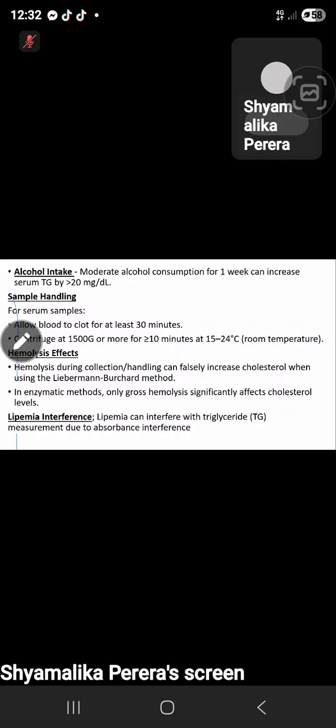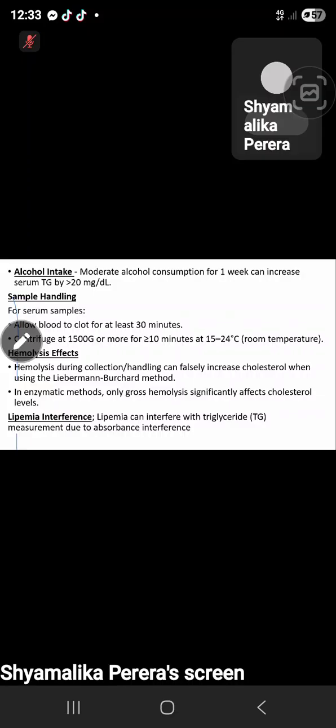Hemolysis during collection will affect the chemical assay directly. In the enzymatic method, mostly a hemolyzed sample will affect significantly. A minor or small amount of hemolysis does not interfere much with the assay. Lipemia can interfere with triglyceride measurements.